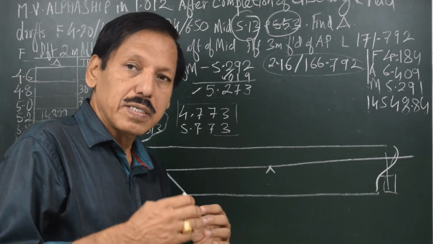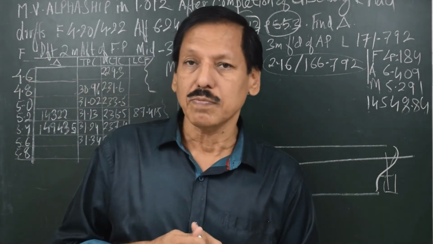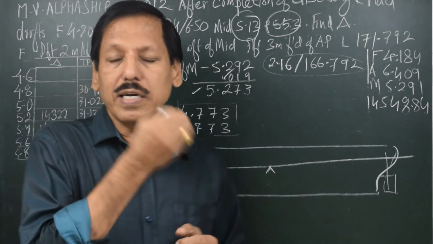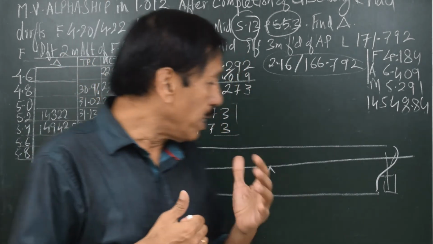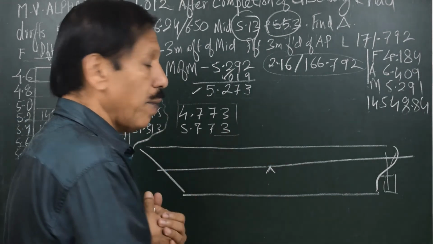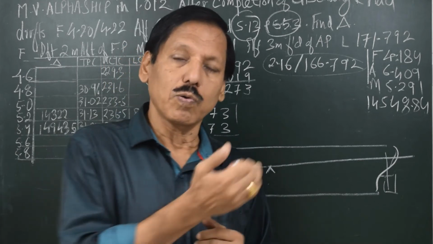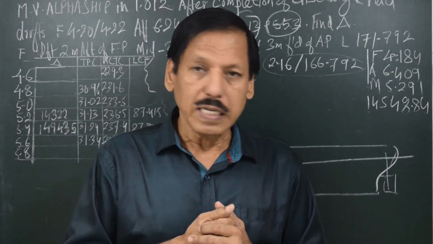It means from the even keel posture, in whichever direction the vessel trims, the center of flotation would slightly move in that direction. Now in this particular case, the vessel is trimmed by stern. We would assume that from the even keel posture, the center of flotation would have shifted in that direction.